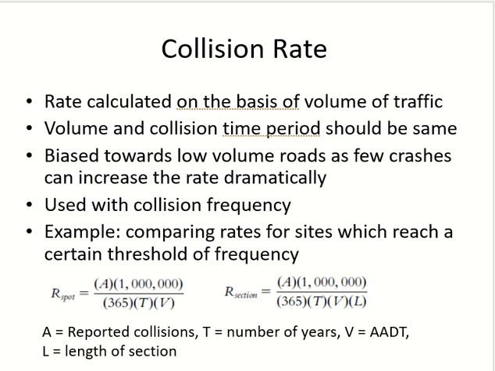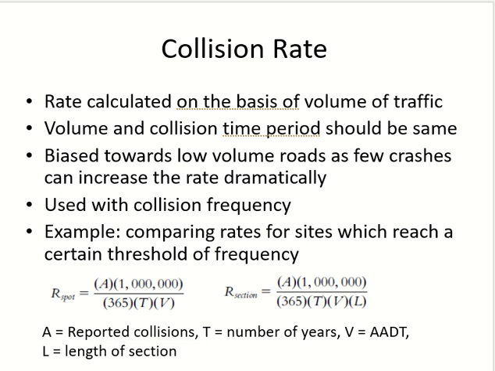So maybe you have a site where you have 10 crashes, and you have another site which has only 2 crashes. The one which has 10 has a volume of 10,000. The one which has 2 has a volume of maybe 1,000. So there's already a difference of a power of 10 in the volume.